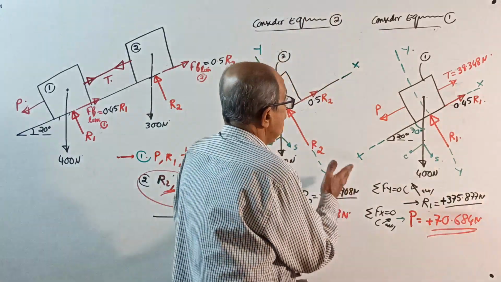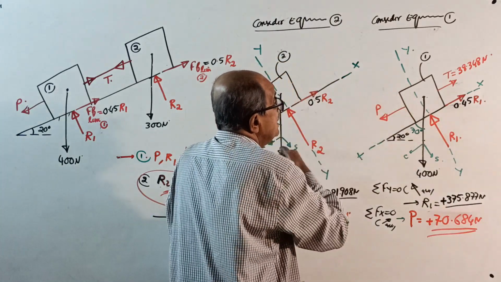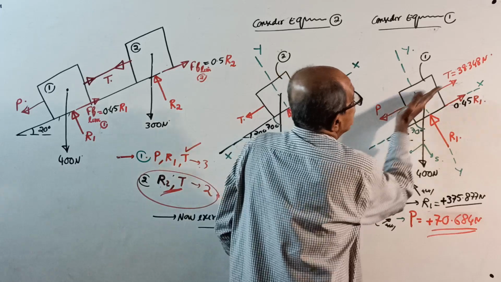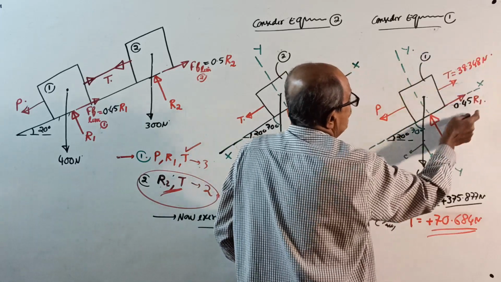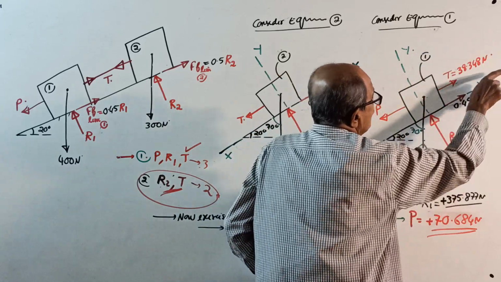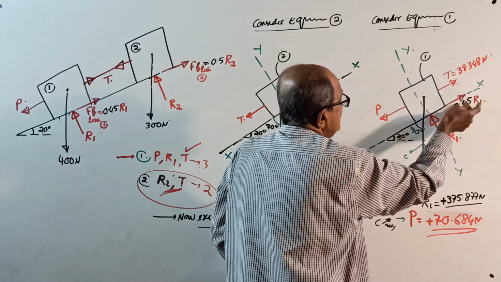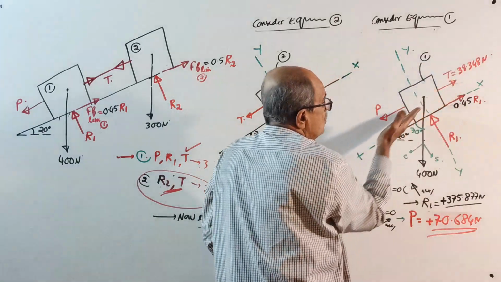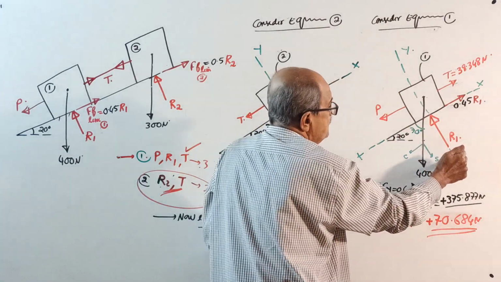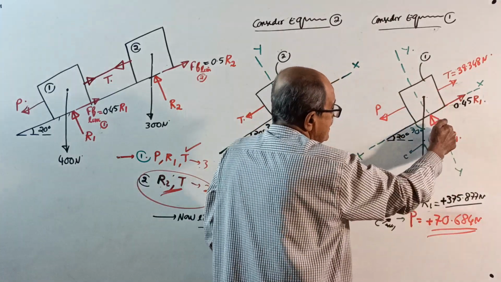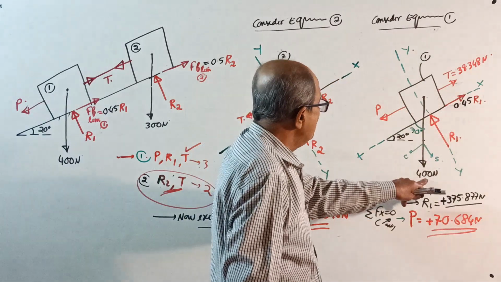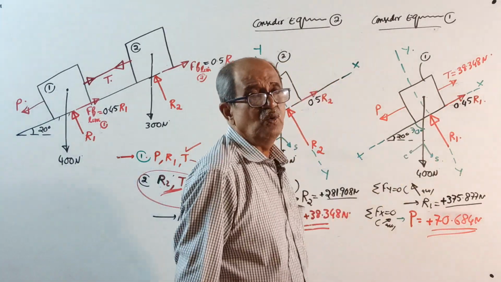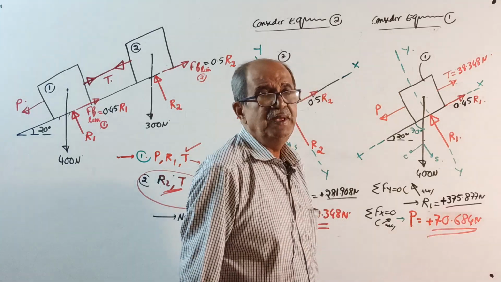Sigma Fx = 0: minus P plus 38.348 plus 0.45 R1, all these three are along the plane, so along XX. This is not there. Y perpendicular, YY, minus 400 cos 70 equal to 0. You get the value of P.